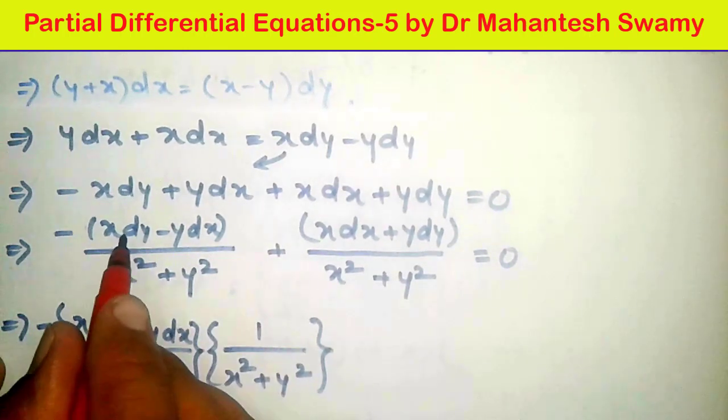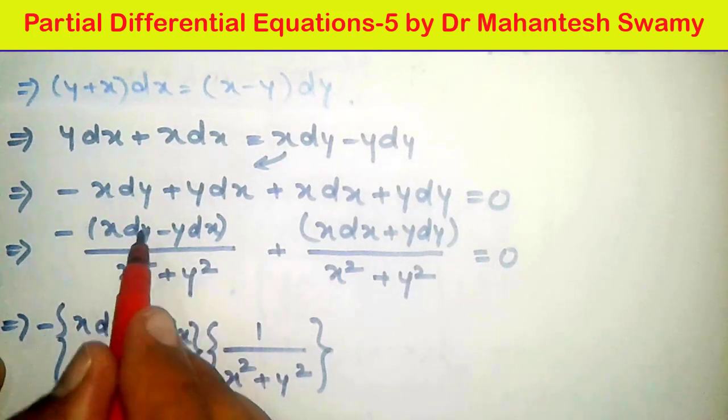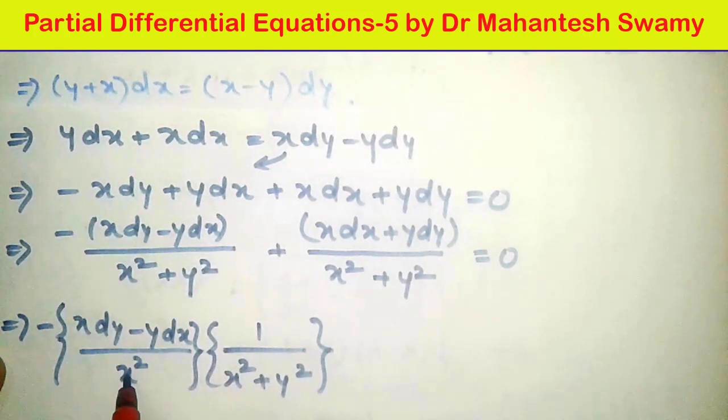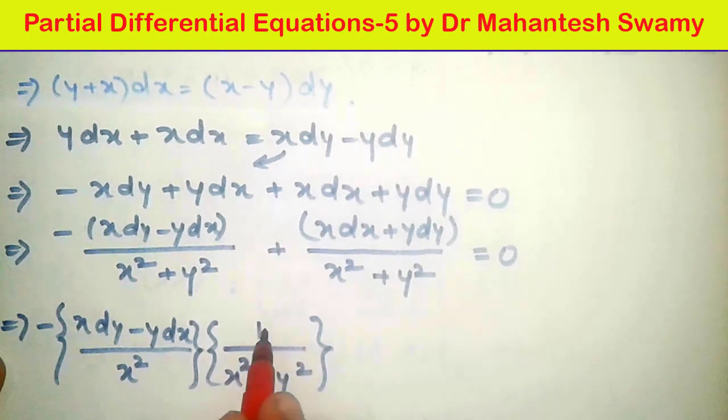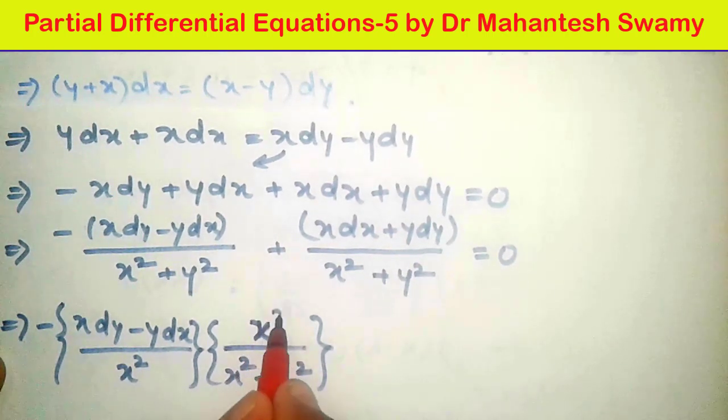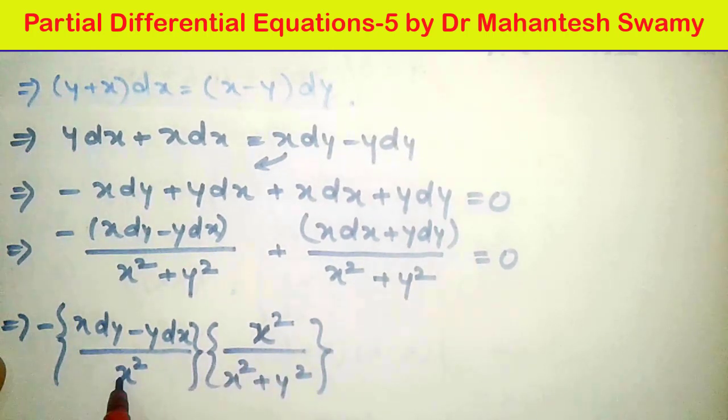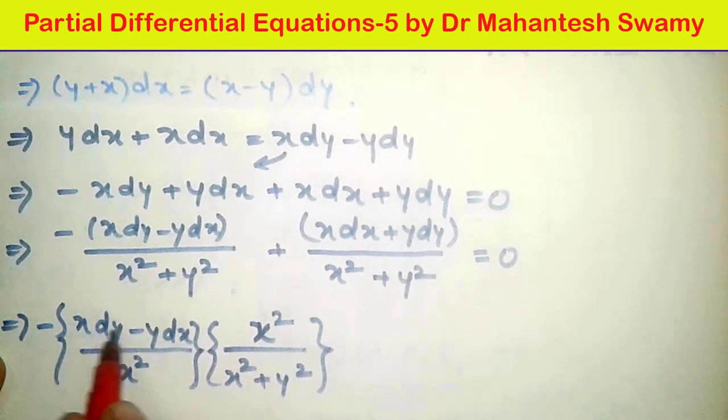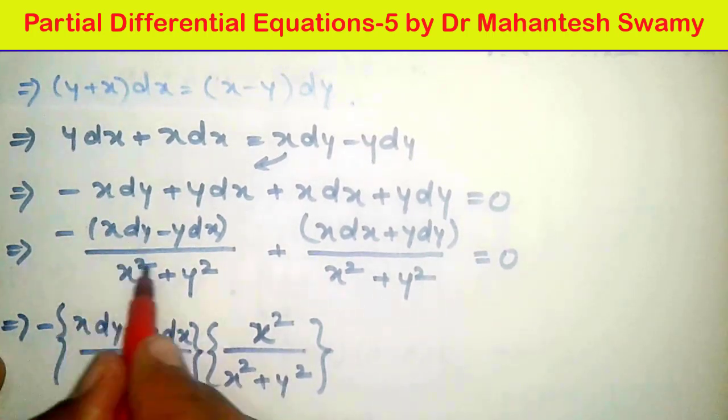So this is just like the quotient rule, but x square is missing here. So we have divided by x square. Let us multiply by 1 x square over here. So we have multiplied and divided by x square. There is no mistake we have committed. So the same thing divided by x square plus y square is visible.